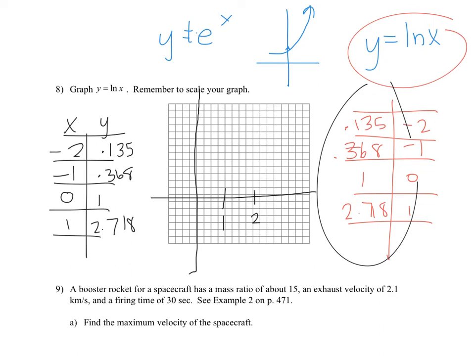Could have been a little neater. And then I'm going to let this be negative 1, negative 2. So 0.135 and negative 2 is right here. 0.368 and negative 1 is right here. 1, 0. 2.718 right here. So you can see that it has an asymptote at x equals 0, and it's just the inverse of y equals e to the x.